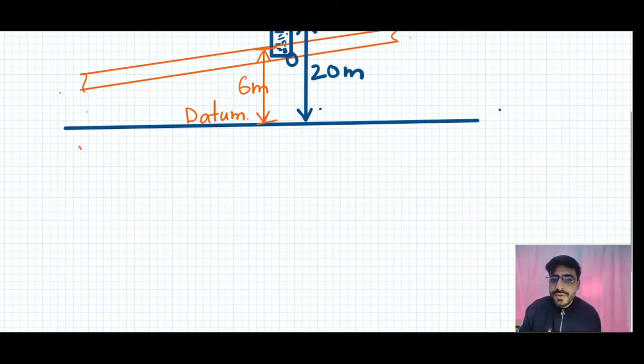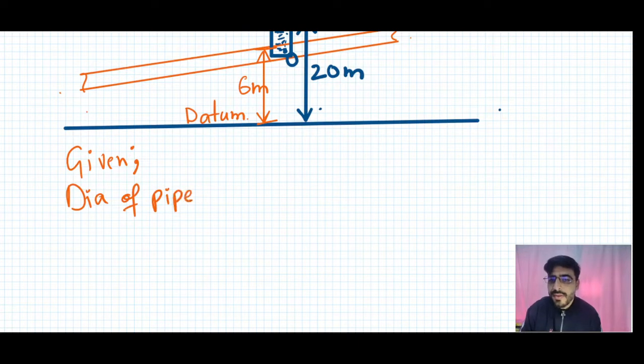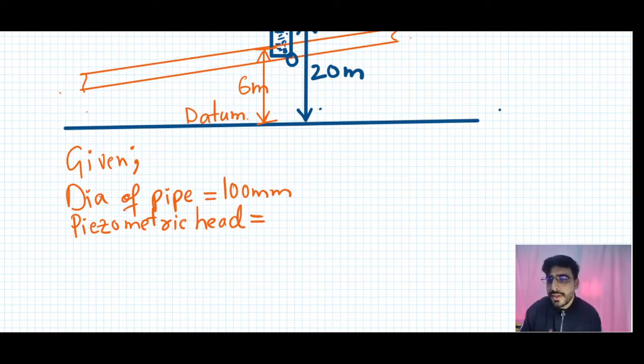So we can put the data like this. We have given diameter of pipe equal to 100 mm. Also piezometric head is equal to 20 meters.